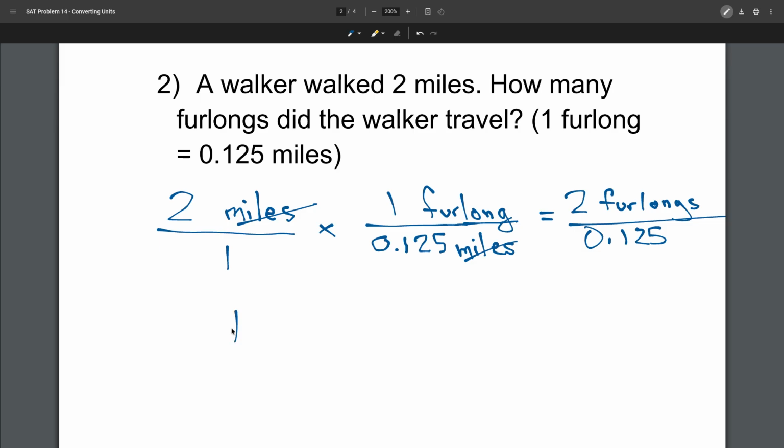So we're going to get 16 furlongs here. Okay? Because 0.125 is 1/8. In 1, there's 8 eighths. So in 2, there's 16 eighths. So 16 furlongs would be my answer for that one.